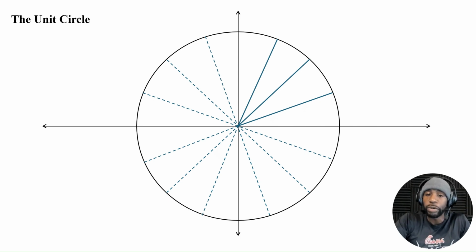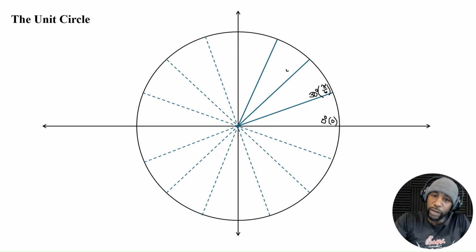So you have 0 degrees, which is 0 radians. Then you have 30 degrees. Sorry, let me erase this. I need to write it further down. So it's 30 degrees, which is pi over 6 radians.